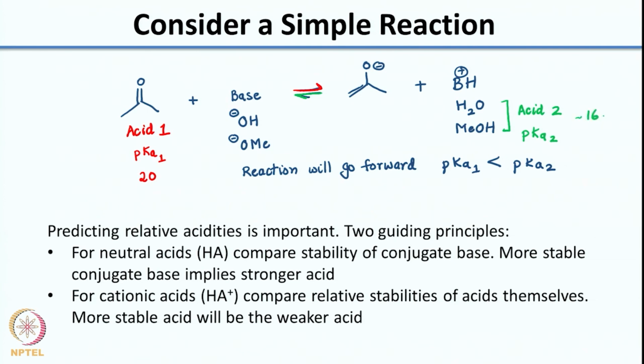So now when I compare this, what it tells you is that it will have a greater tendency to go in the reverse direction. So water and methanol are stronger acids than acetone, because the methoxide and the OH minus that you generate is highly solvated.